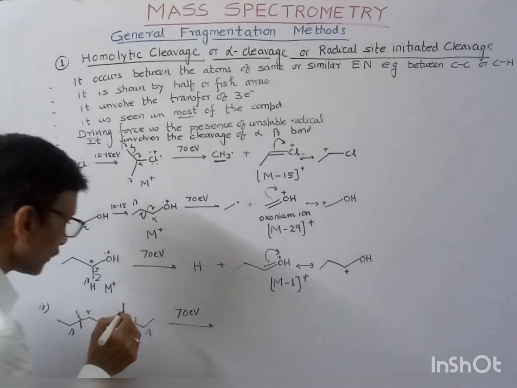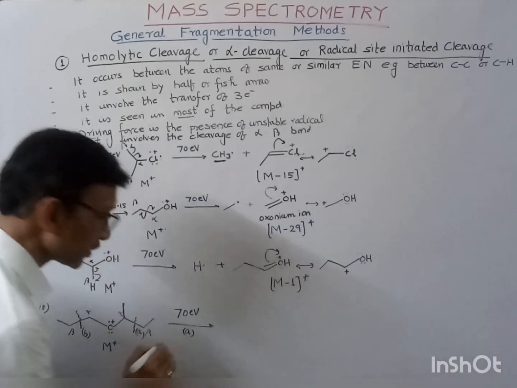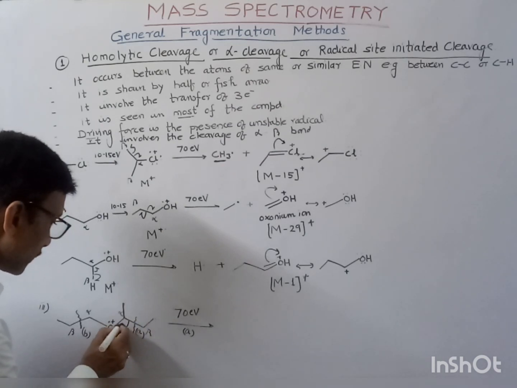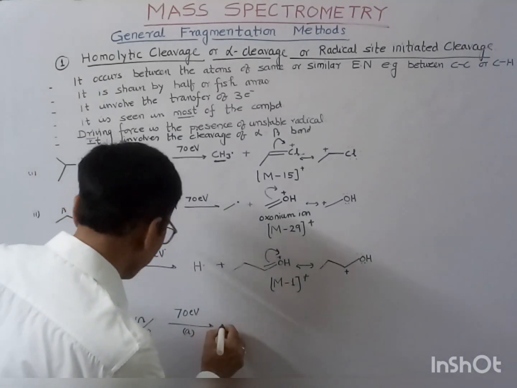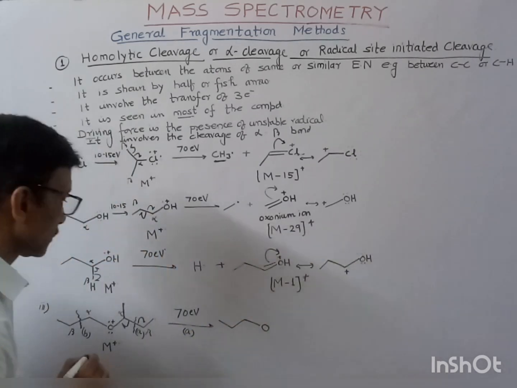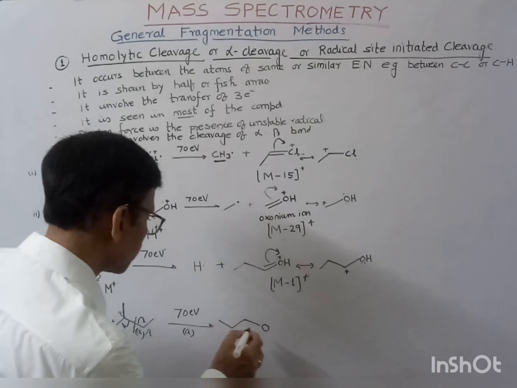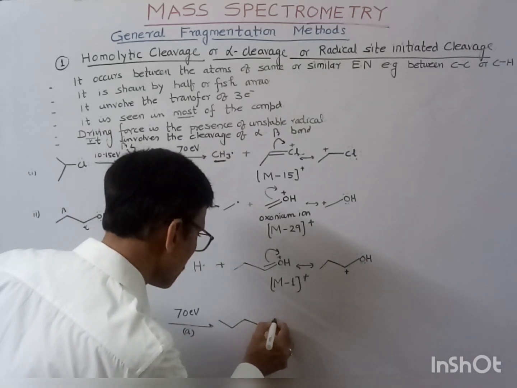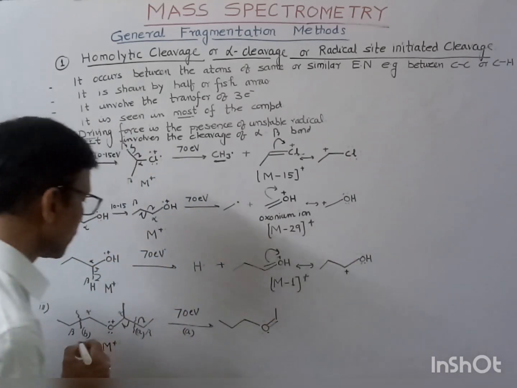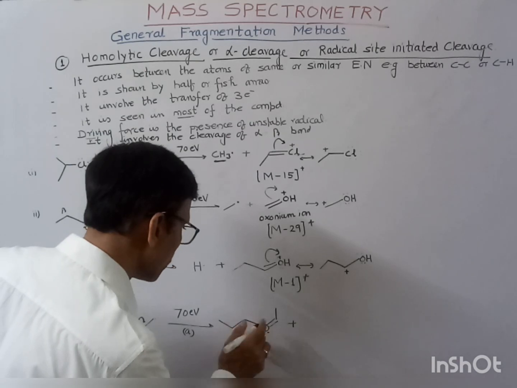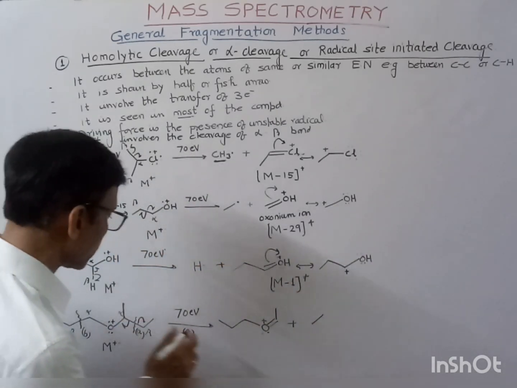Two paths are there: this is path A and this is path B. If I write it by path A, this bond will cleave like this, and we have one radical over here and a positive charge over here, and we will get an ethyl radical.